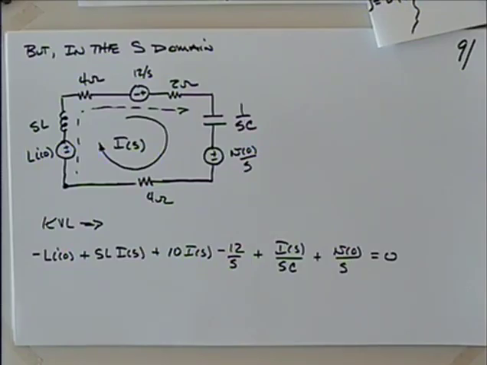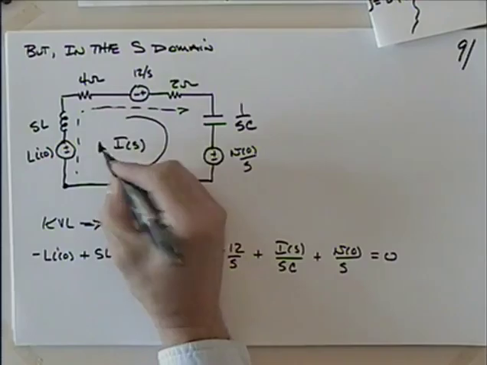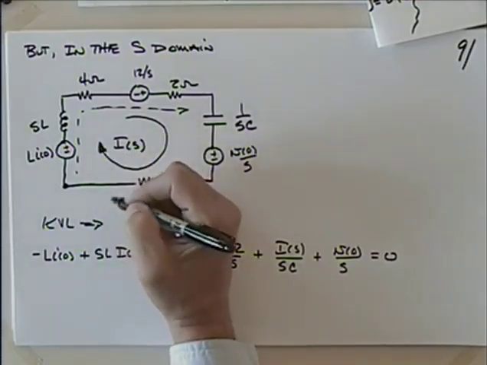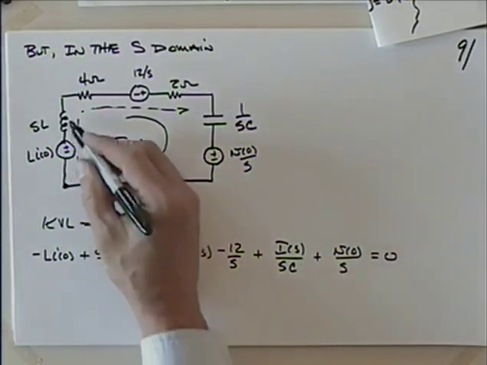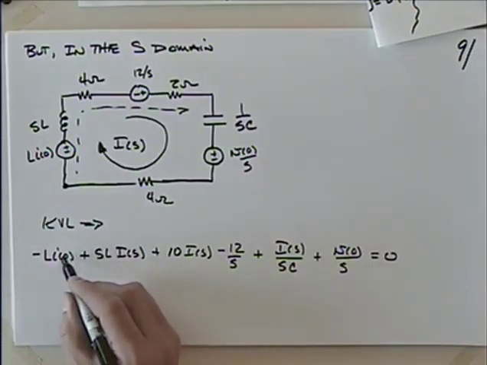So let's see. The initial current, it was opposing this, wasn't it? My current is going this way. The initial current that we found in that inductor was going down, so this is still a minus 3.